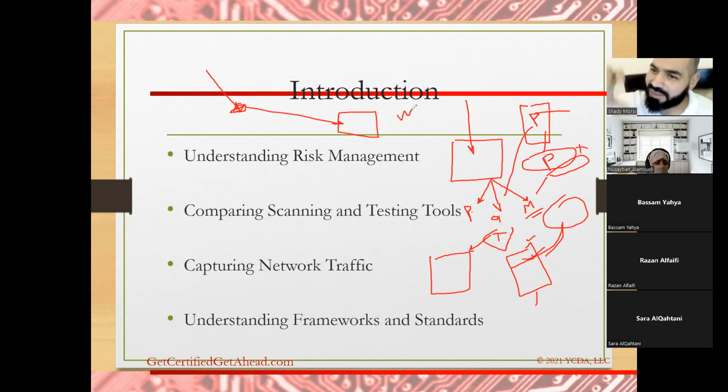So I can implement a web filtering application. If someone tries to access a social media website, it will block his access. So now I have a policy saying no one can access social media, and at the same time, I have a technical solution to really stop these guys from accessing the social media websites.